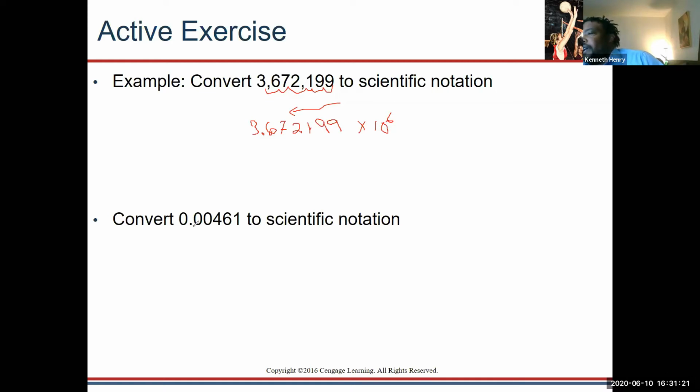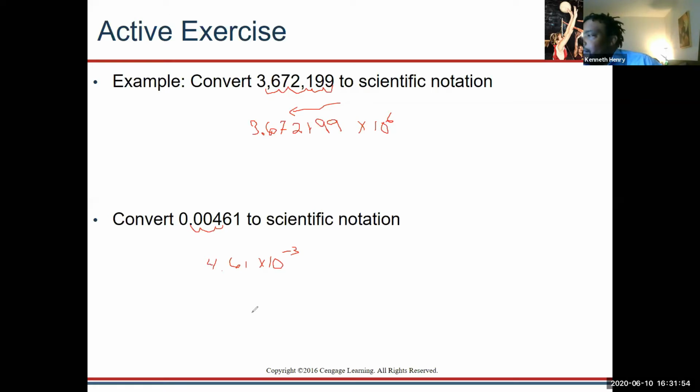Now, let's say in this situation, we want to change this one to scientific notation. I do the opposite. Now I'm moving my decimal 1, 2, 3. So that's 4.61 times 10 to the negative 3, because I find right-handers devilish, so then I know it's the negative.